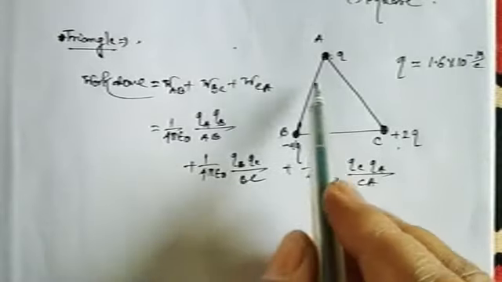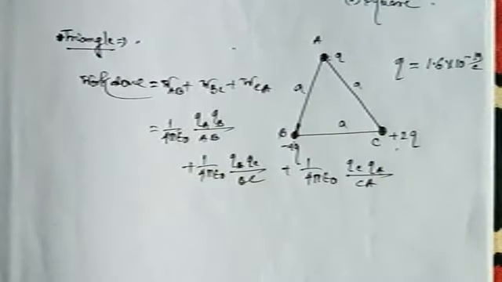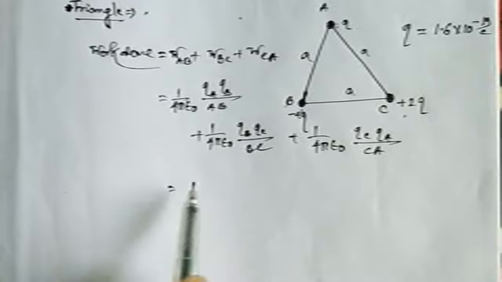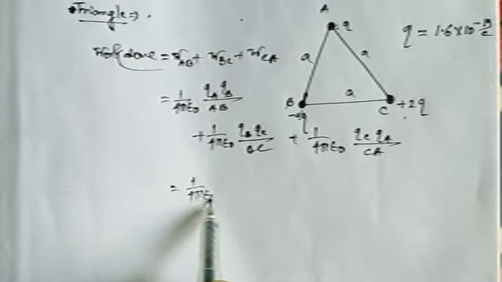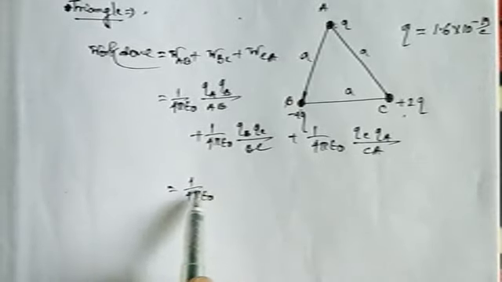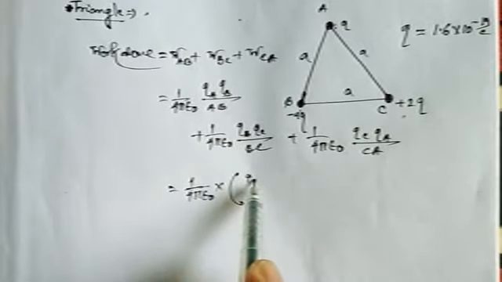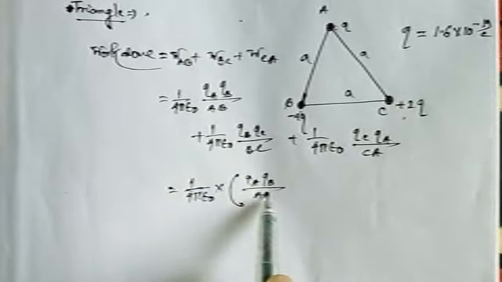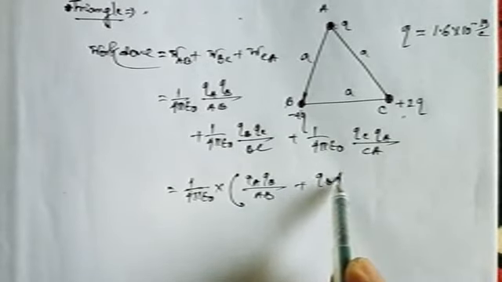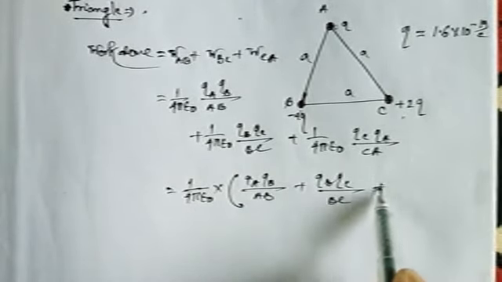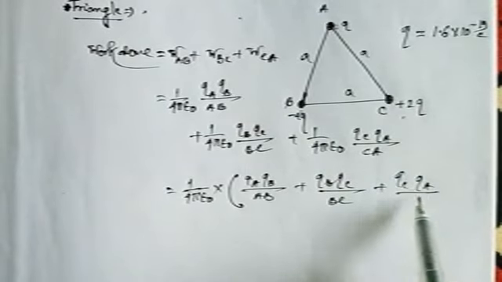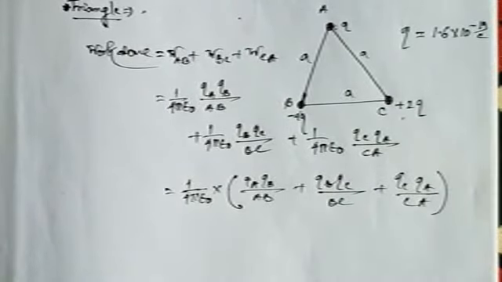Now this distance is suppose A, and hence it can be written as 1 by 4 pi epsilon naught, common within bracket, QA QB by AB plus QB QC by BC plus QC QA by CA. As it's a scalar quantity, work done, there is no need to find any vector or direction. Simply you just do this.